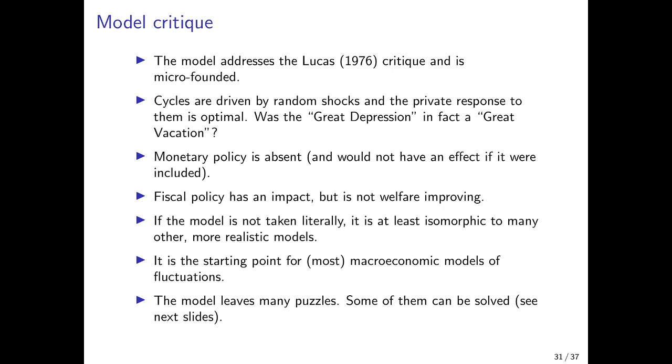So actually, and this was labeled in that way, the Great Depression would in fact not be a depression with a lot of involuntary unemployment, but it would be something like a great vacation where people just see, wages are not so high anymore, so I just go on vacation, and later on, when the economy has recovered, when productivity is higher again, then I go back to work and earn higher wages. And obviously, this is not what we had observed during the Great Depression, or for that matter, any recession that we observed in the past.